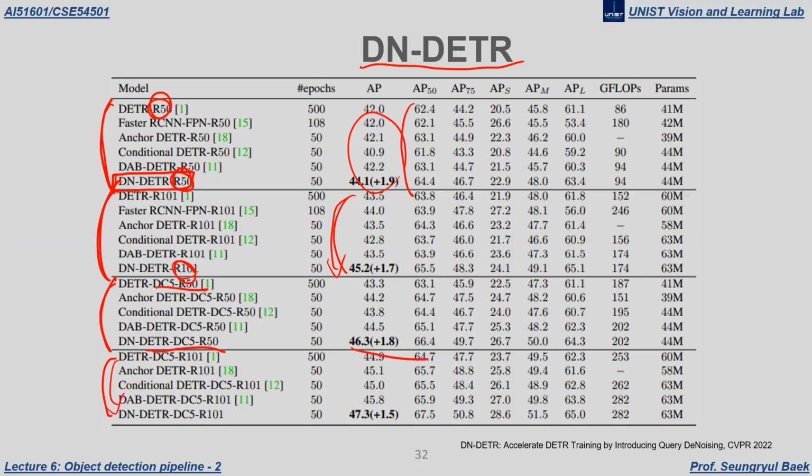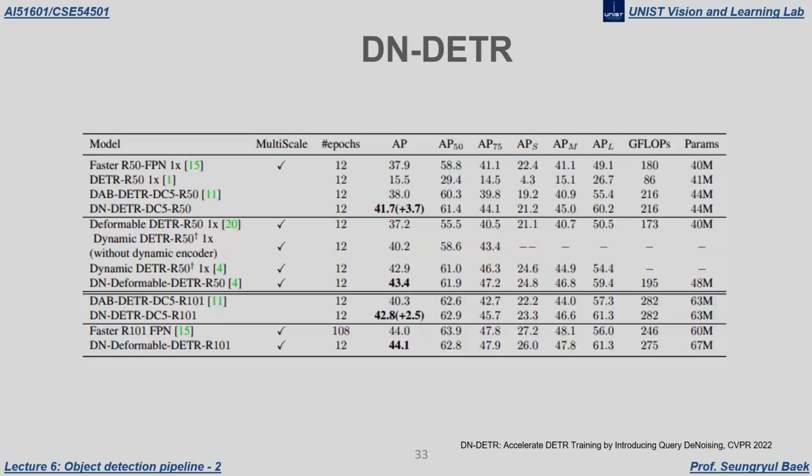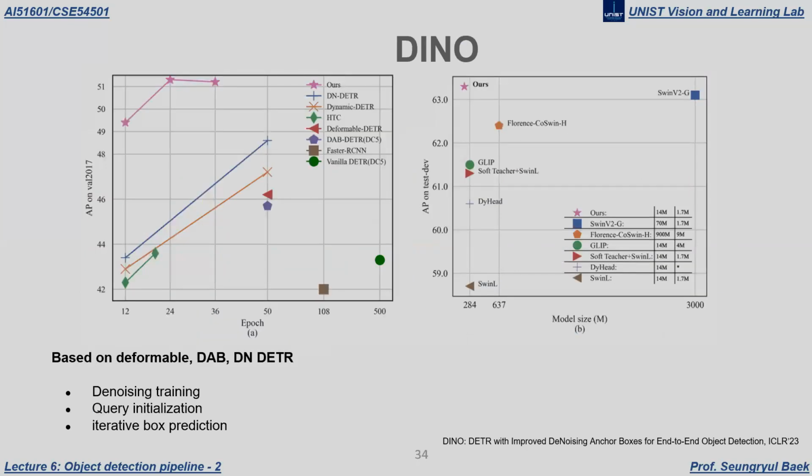And here similar, right? Also, they can apply DN for multiple algorithms: DN for deformable DETR, DN for DETR, and so on. So this kind of DN algorithm could be easily applied to diverse DETR-like models. That's another merit of DN-DETR. Okay, it can improve the performance anyway.